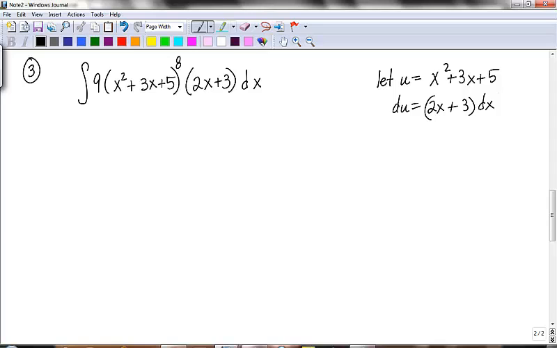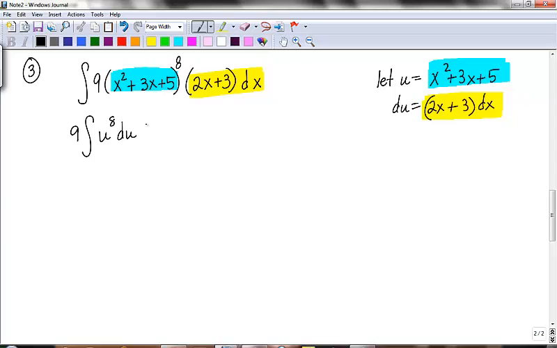So now I should be able to substitute in for this. I can substitute in a u, and for this whole thing I can substitute in a du. The 9 I can take out front. So let's take the 9 out front, and then I'd have u to the 8th du.